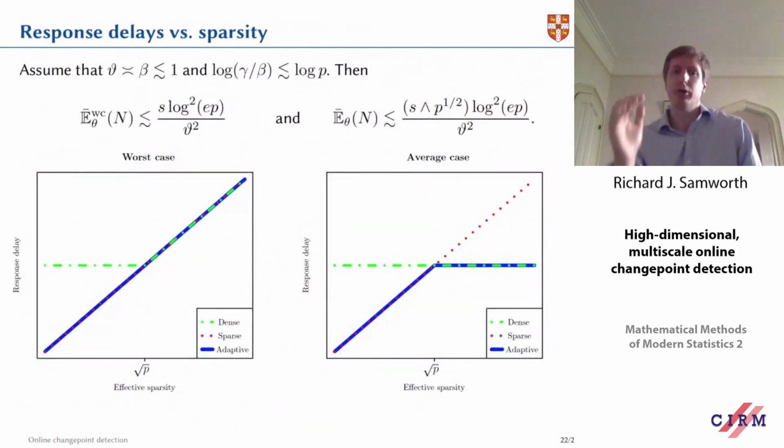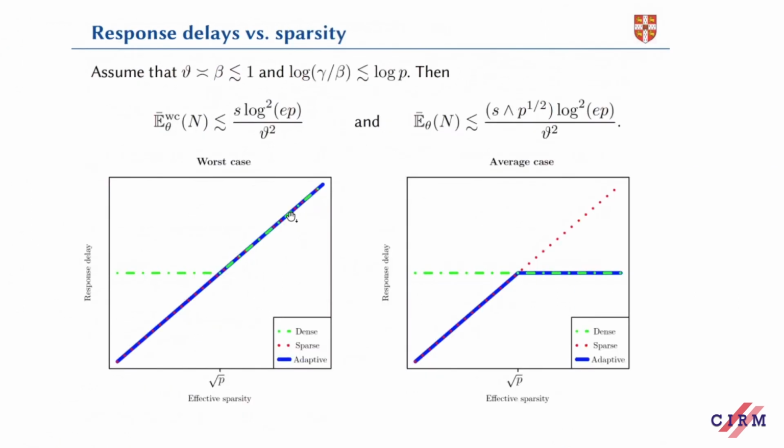So put slightly differently, or just pictorially, at least in this case where var theta is the same order of beta, and we've got this relatively mild condition on the relationship between gamma, beta, and p, then we have these two bounds on the worst case and average case response delays of our procedure.